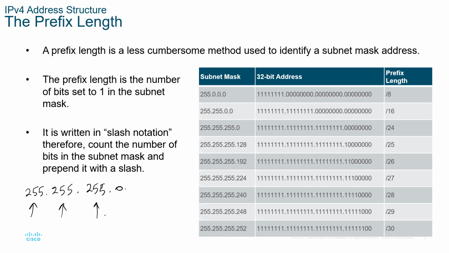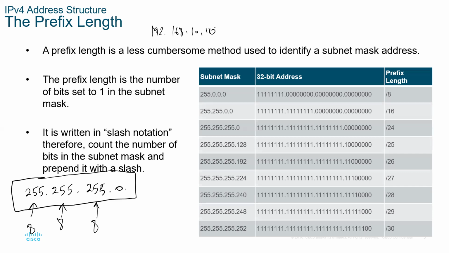The prefix length is the sum of all those ones. So I have 8, 8, 8. The sum is 24.